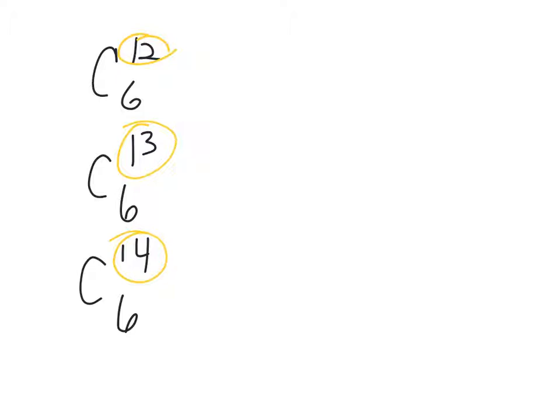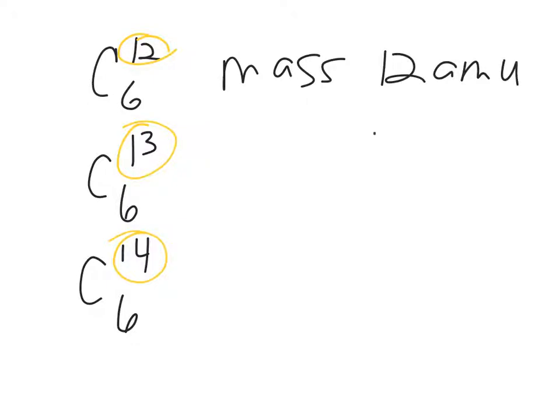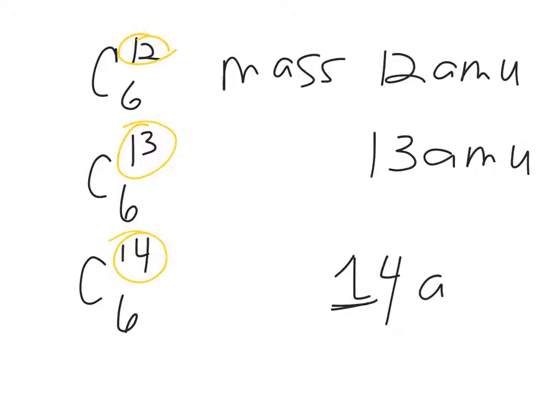So for carbon 12, the mass would be 12 atomic mass units. For carbon 13, it would be 13 atomic mass units. And for carbon 14, it would be 14 atomic mass units.